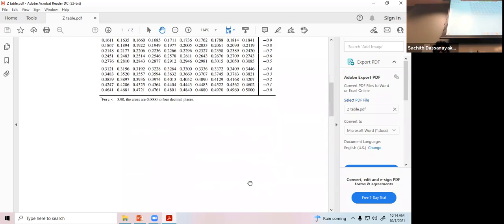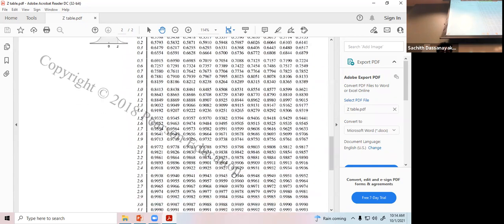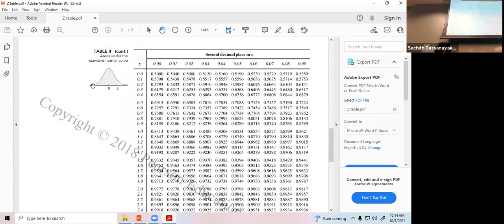The next half in this table starts from 0.5, I mean starting from mu equals 0 or Z equals 0. So again, it is also increasing when you go down, which means you go along this curve from left to right. So left to right Z values are increasing and the covered area is also increasing.